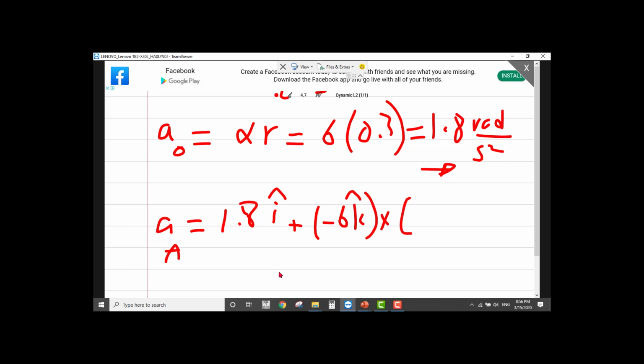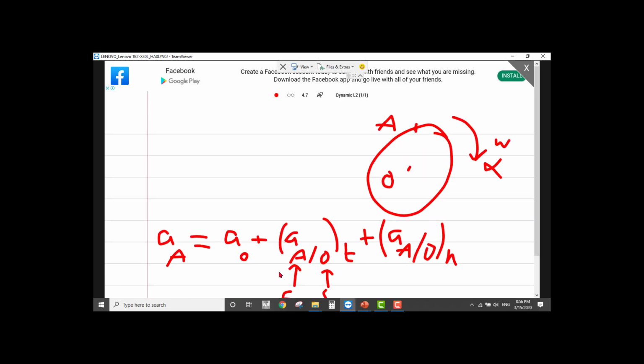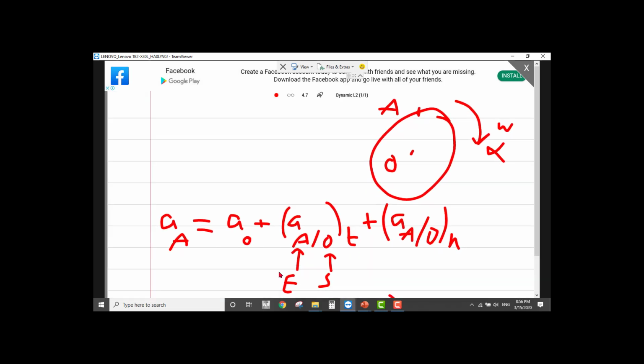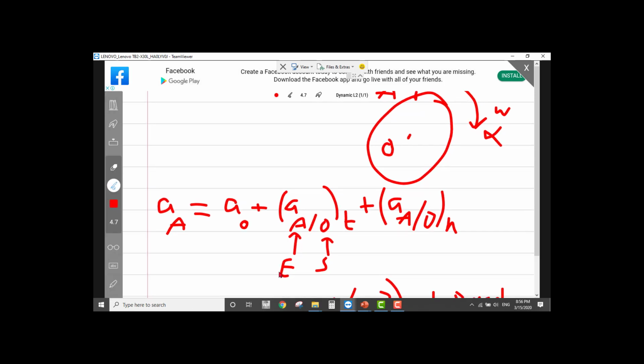Now I will move from O to A. Moving from O to A, we move in the positive Y direction.